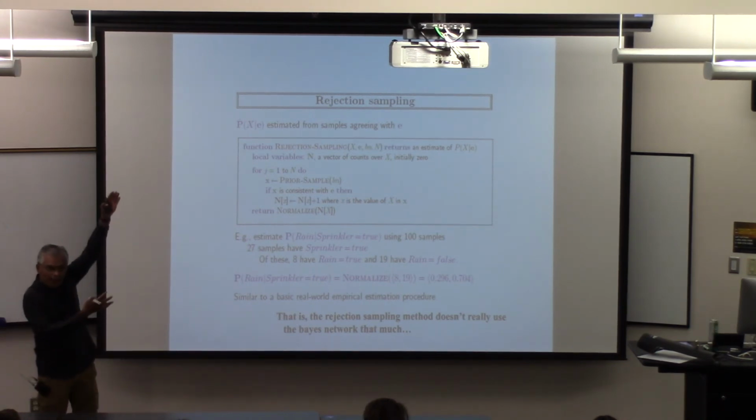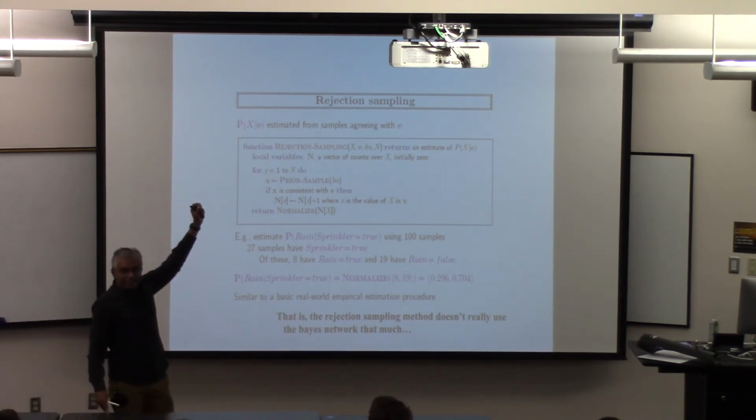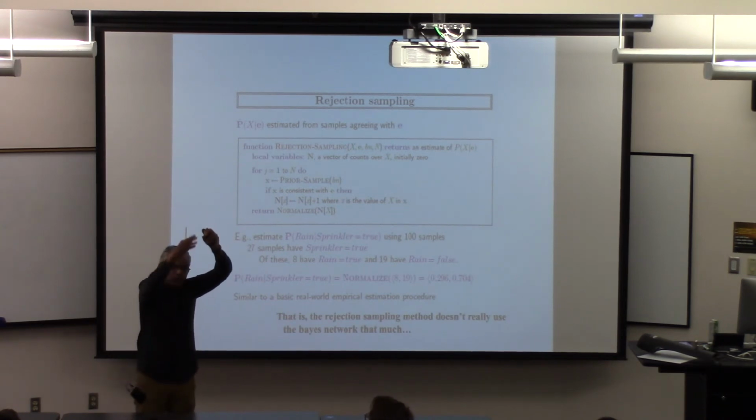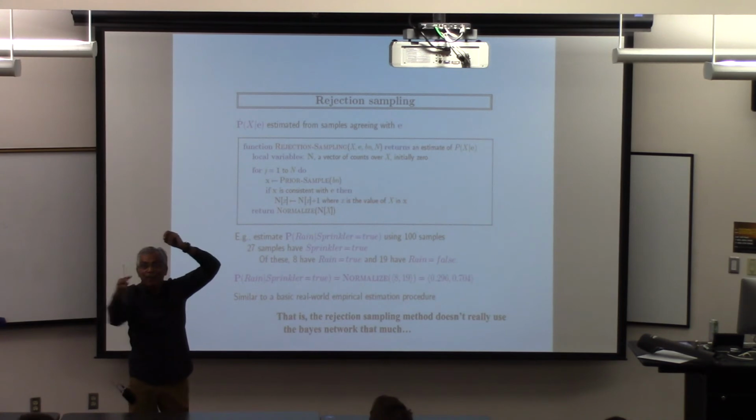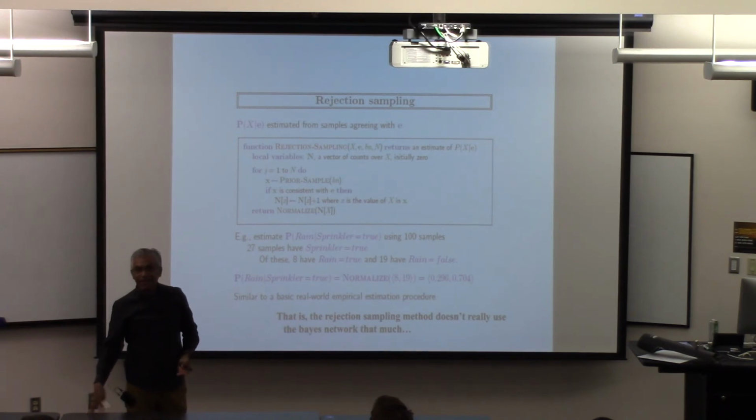That means I sample a whole bunch of these joint entries, and see the number of entries where, if you are trying to compute A given B, let's say, you take the number of entries where A and B are both true, put that in the numerator, and the number of entries where B is true, put it in the denominator. That will be your estimate of the conditional probability.